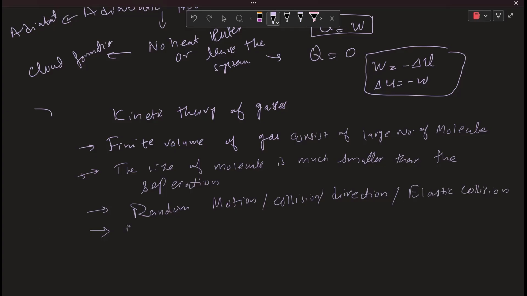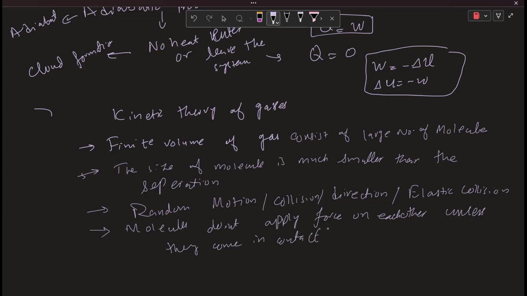And one of the most important points is that molecules do not apply force on each other unless they come in contact with each other. So those are the major points of the kinetic theory of gases.